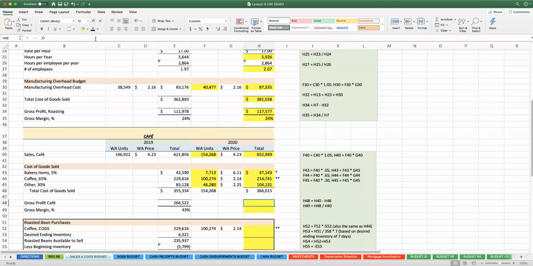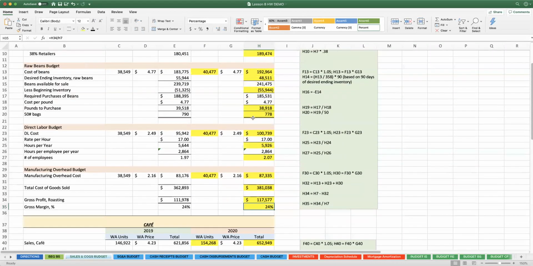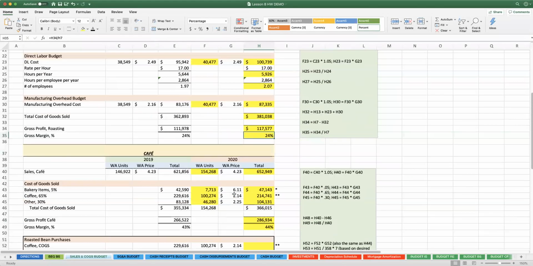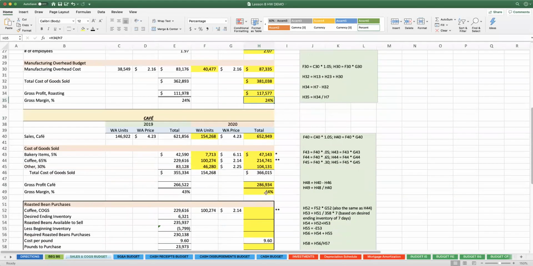Gross profit equals sales minus cost of sales, and the margin equals gross profit divided by sales. Roughly the same gross margin percentage, a slight improvement here, and this one ended up being exactly the same. The reason the percentages are the same is because our price and our cost amounts haven't changed. So this might be just a rounding error.